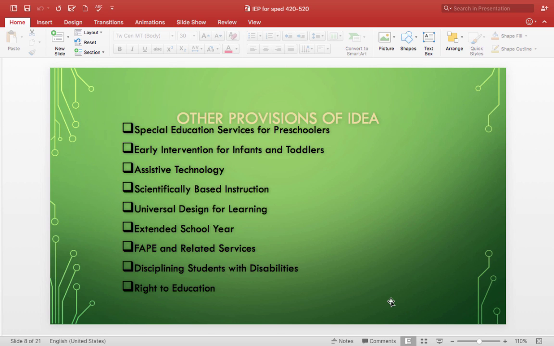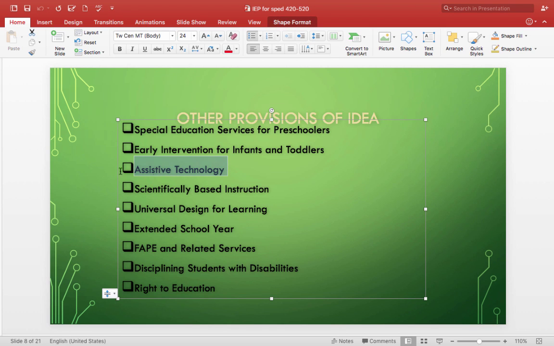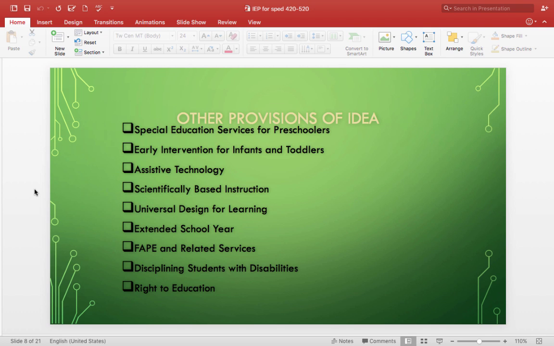So some other provisions of the IDEA, we might have services for preschoolers or infants and toddlers. We always want to make sure that we look at that assistive technology piece. Now, many of our students with severe needs do need assistive technology, so it's awesome.